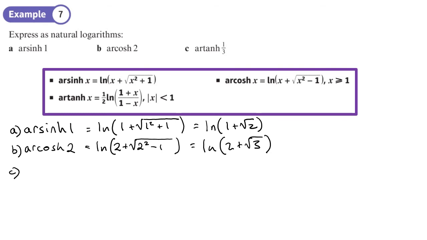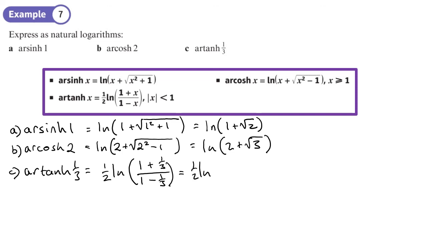And then C, we're asked for arctanh of a third. We'll put a third into the formula, so it's a half log of 1 plus a third over 1 minus a third. So that's going to be 4 thirds at the top divided by 2 thirds at the bottom.